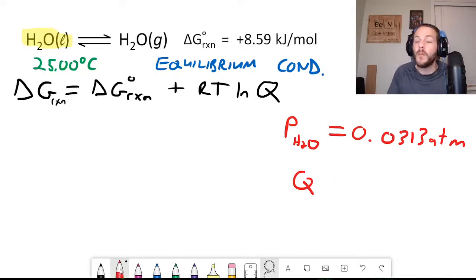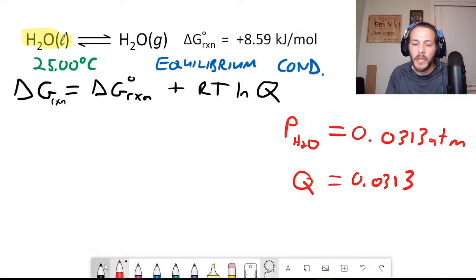And for reasons that we discussed previously, the value of the reaction quotient, in this case, not all cases, is equal to the pressure of that water vapor, which is 0.0313.